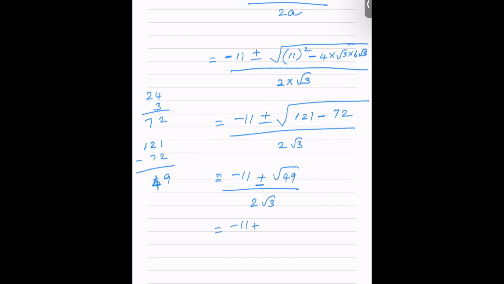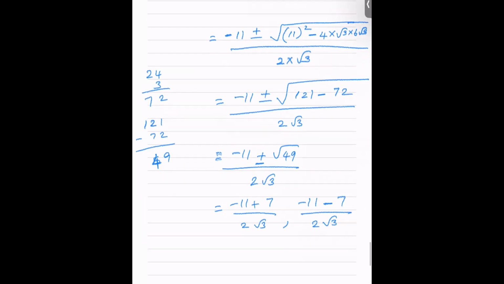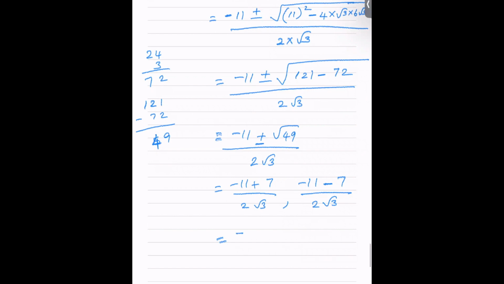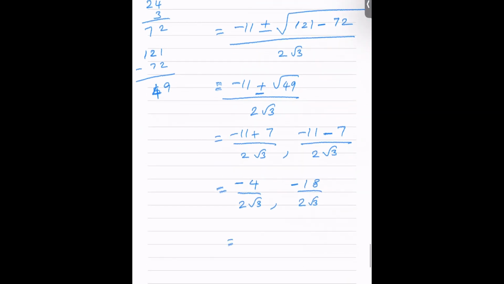Minus 11 plus 7 by 2 root 3 and minus 11 minus 7 by 2 root 3. All this while I was using plus or minus. Now I am splitting. Here I get minus 4 by 2 root 3 and here I am getting minus 18 by 2 root 3.